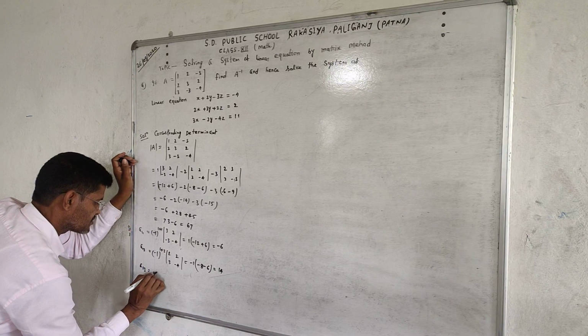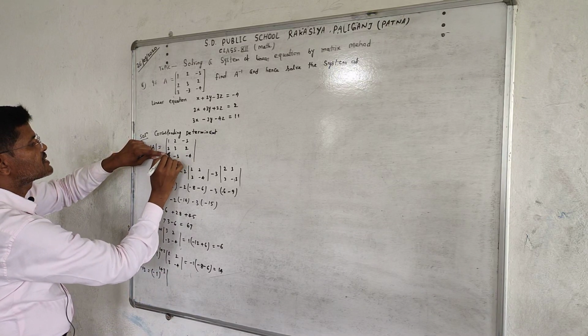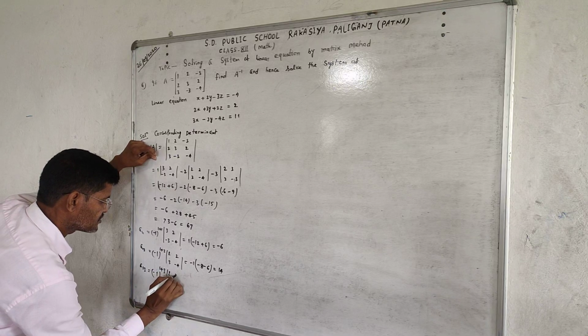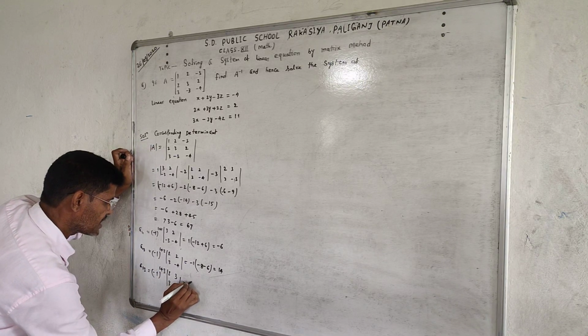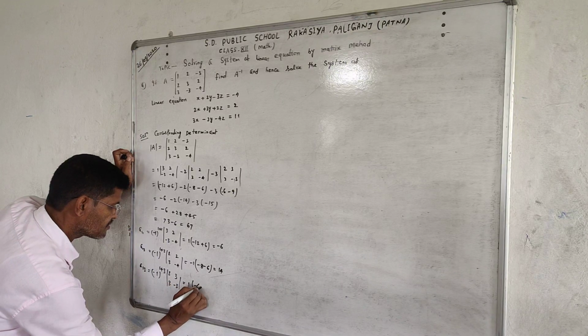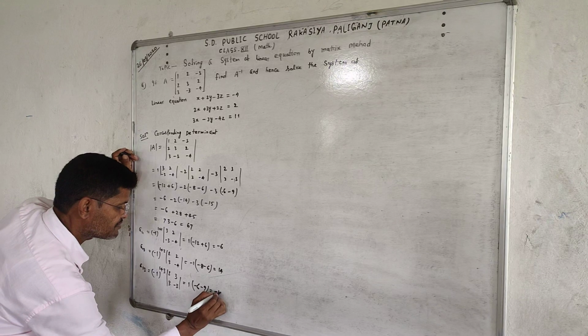A13 is (-1) to the power 1 plus 3 into the determinant of [2, 3; 3, -3], which is 1 into minus 6 minus 9, equal to minus 15.